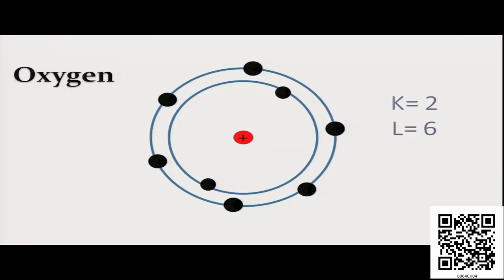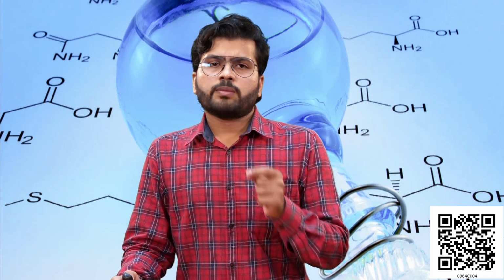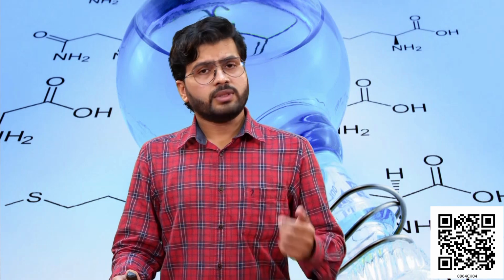Anywhere, if the outermost shell contains 1 electron, the valency will be 1. If it contains 2 electrons, valency will be 2. If it contains 3 electrons, valency will be 3. And if it contains 4 electrons, the valency will be 4. But if it is more than 4, that is 5, 6 and 7, in that case, you need to subtract it from 8. 8 minus 6 is 2, 8 minus 7 is 1, 8 minus 5 is 3.